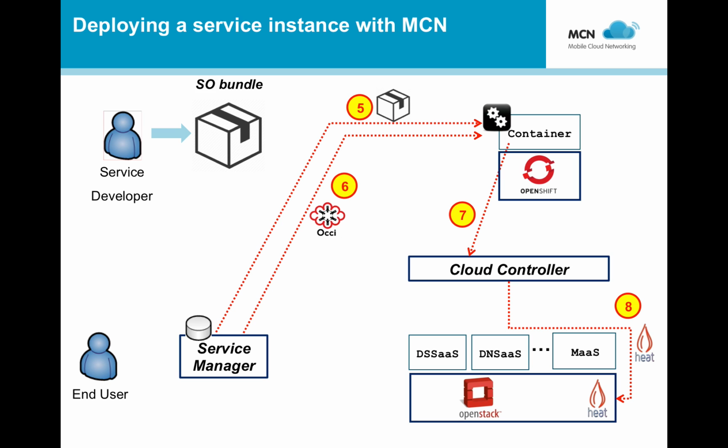The SM issues a deploy request to the deployed SO at step 6, which then deploys its infrastructure graph through the cloud controller at step 7, which in turn deploys the Heat template on the underlying OpenStack infrastructure at step 8. The SO is also able to provide instance-specific configuration to its newly deployed resources, still using the cloud controller through its SDK. Disposal requests follow a similar flow.